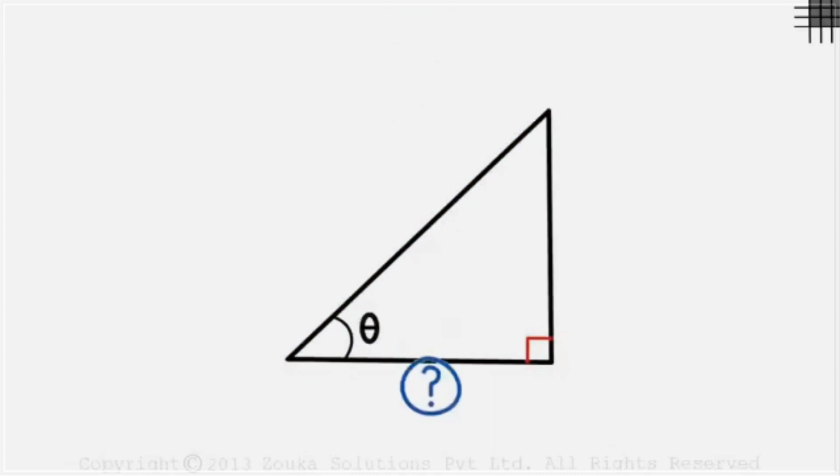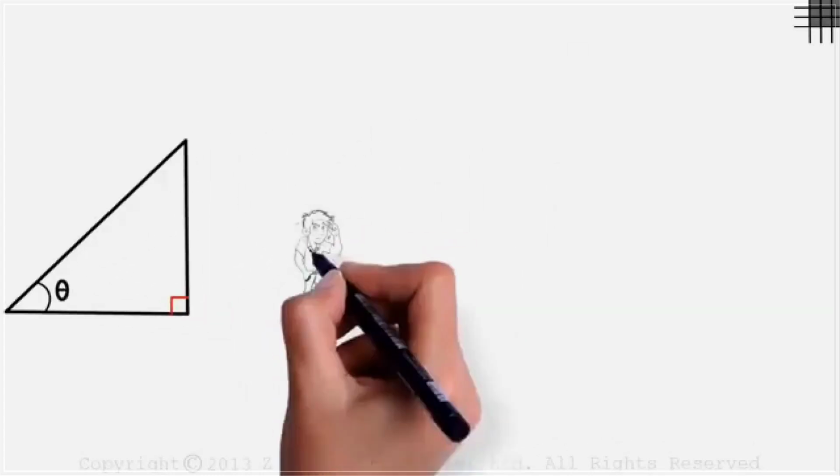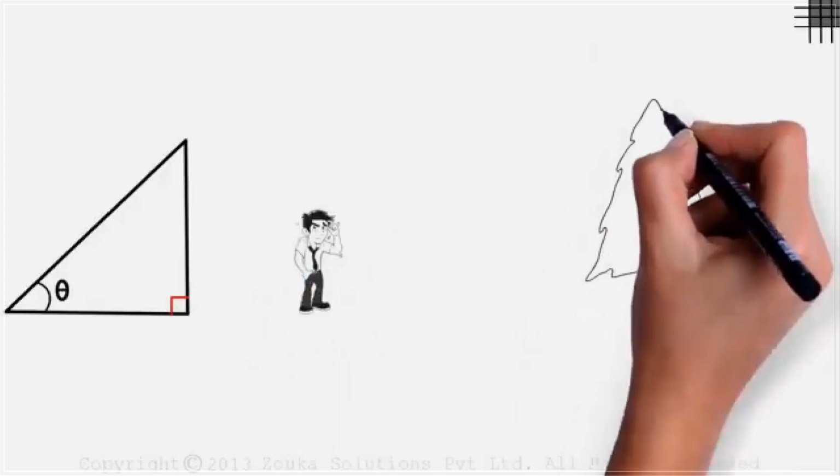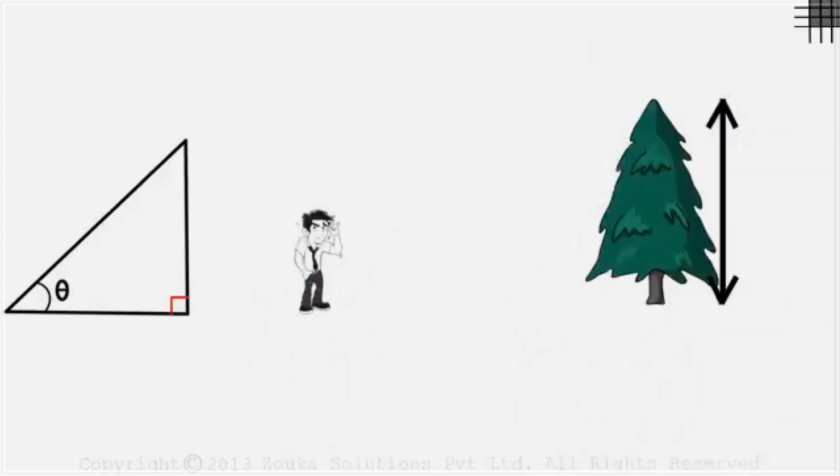But how do these kinds of triangles help us in real life? How does trigonometry help us in real life? Let's say Zen wants to find the height of this tree. He has to measure this length, which is the height. One way is to make an approximate guess, but a better way to find the height is by using trigonometry.